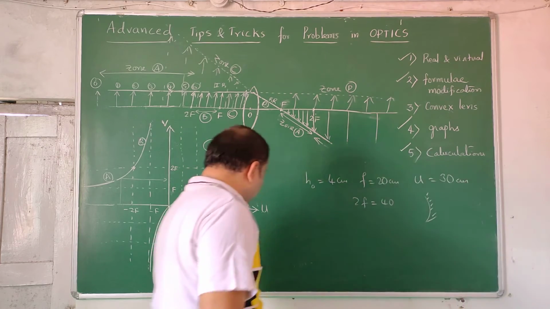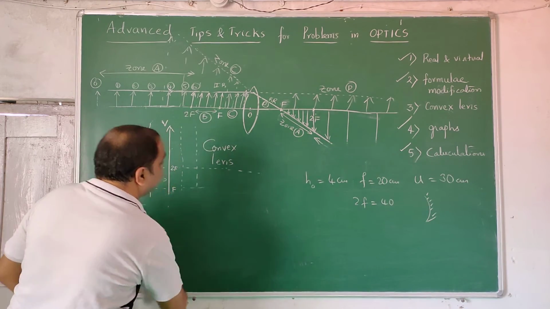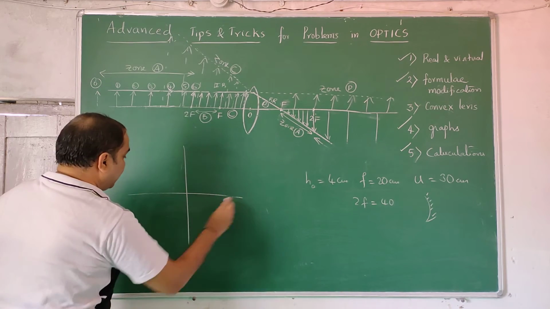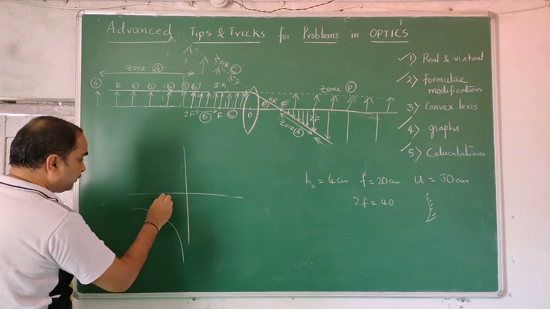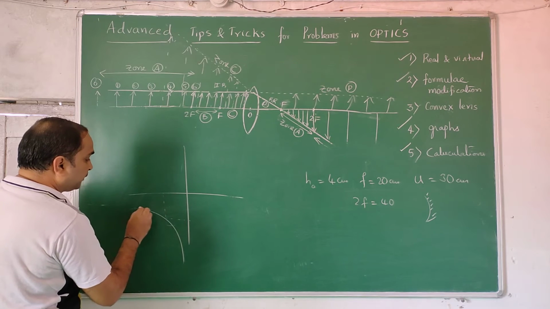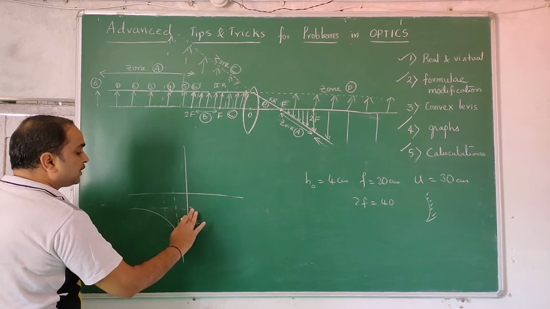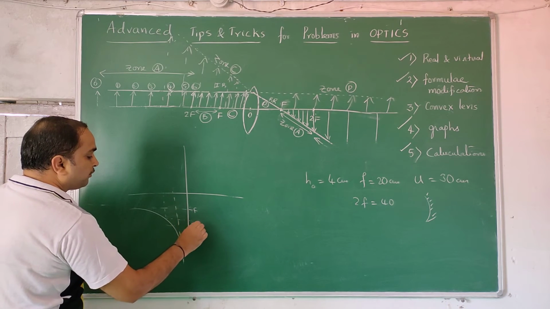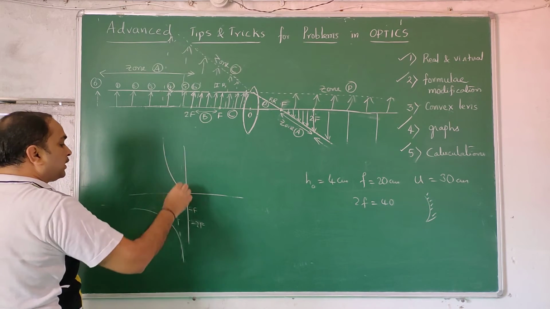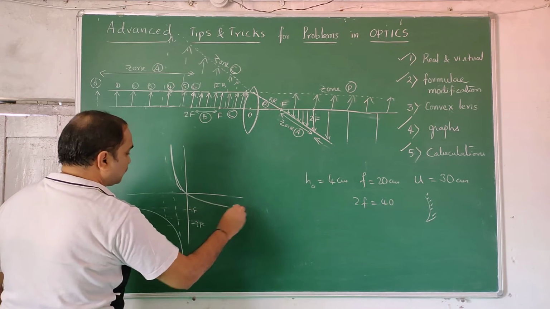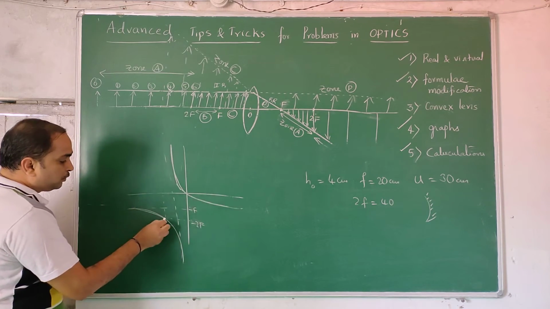Immediately your mind should say graph. You know what would be the graph for a concave mirror? Like this. It passes through the 2f to f point. This is f, this is 2f, minus f, minus 2f. And the other graph will go like this. So here to here is zone 1.